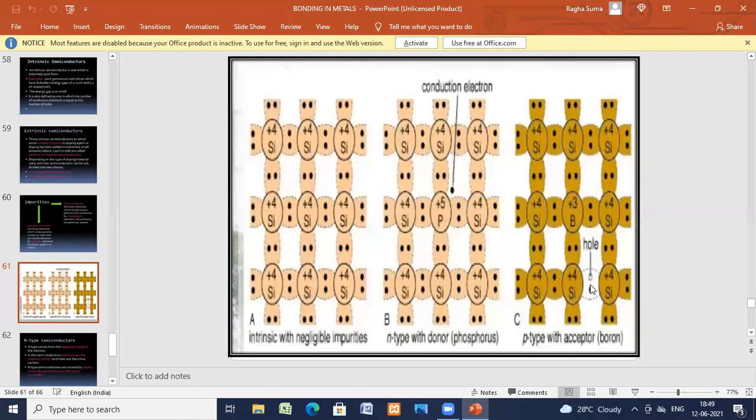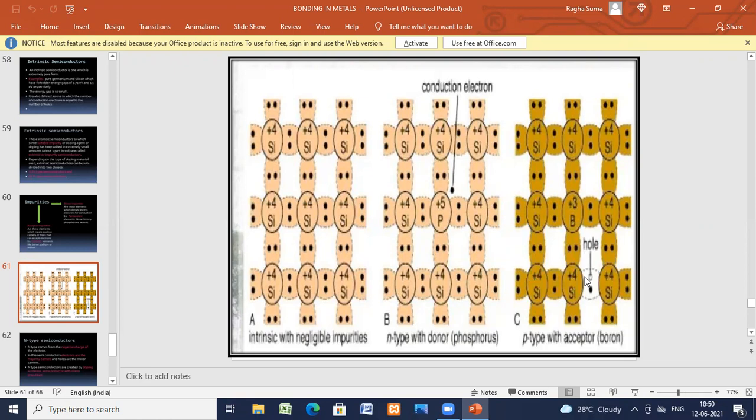Due to this plus, another electron jumps into this hole. Again, a hole is created in another place. Another electron jumps into that hole, and a hole is created elsewhere. So as and when holes are formed, electrons keep on shifting.